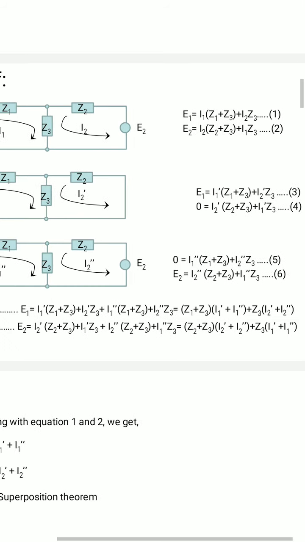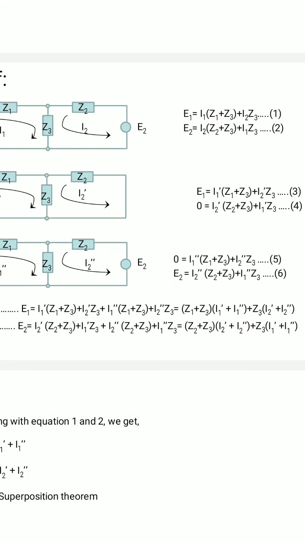Now taking Z1 plus Z3 outside from the first and third terms, you will get Z1 plus Z3 into I1 prime plus I1 double prime, and taking Z3 out from the second and fourth terms, you will get Z3 into I2 prime plus I2 double prime. So you get the right hand side there.